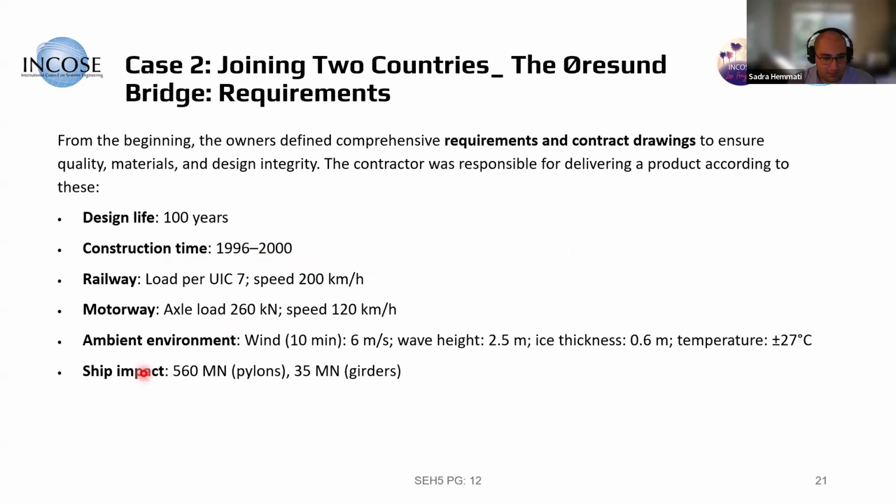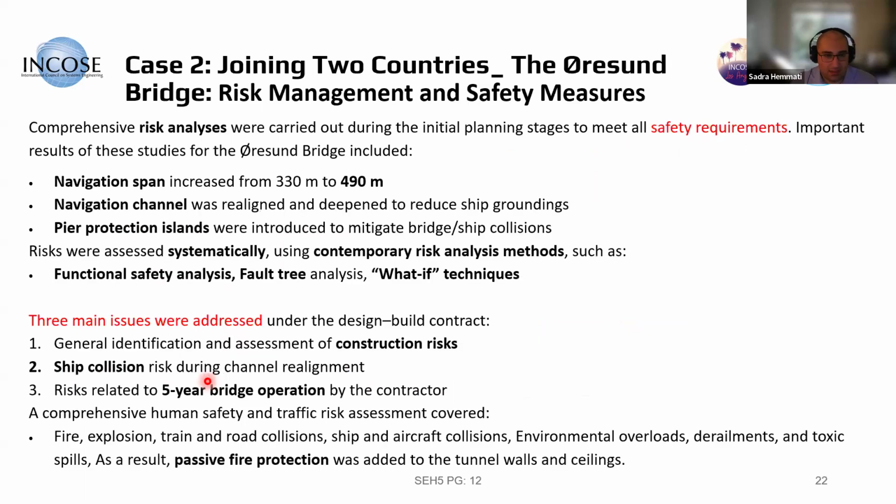They considered what the structure should be able to withstand if there's a ship impact. So they did a thorough analysis of their requirements. They did a proper risk management and safety analysis. And because of their safety analysis, they made some changes to the design.